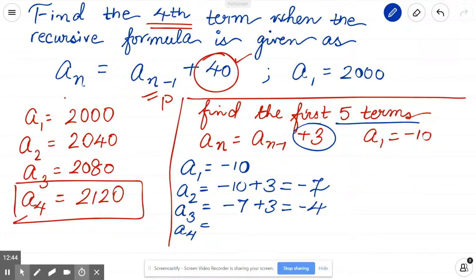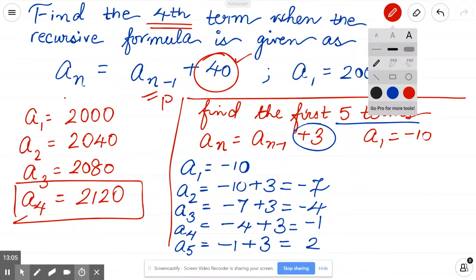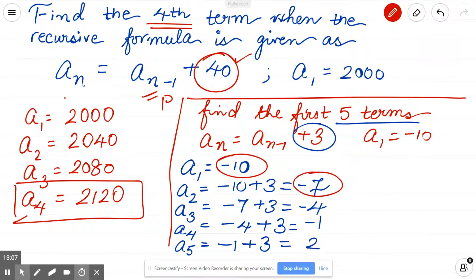Fourth term here is going to be -4, the previous term, plus 3, which is -1. And the fifth term is going to be the previous term plus 3. So I have my terms listed out here, and I can highlight my answers. They were asking me 5 terms, and these are the 5 terms.